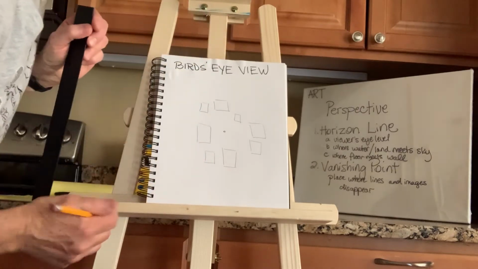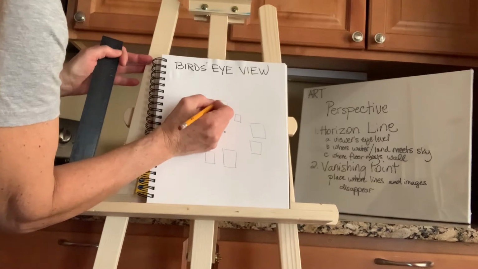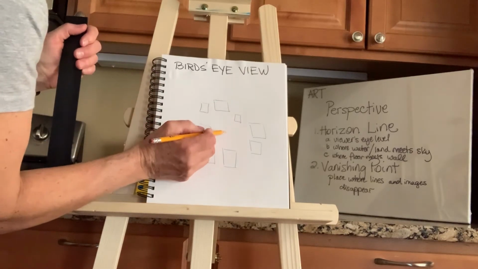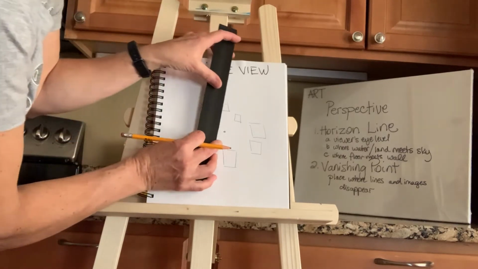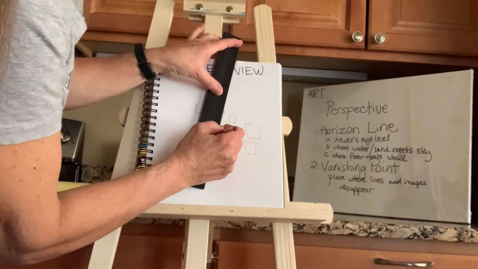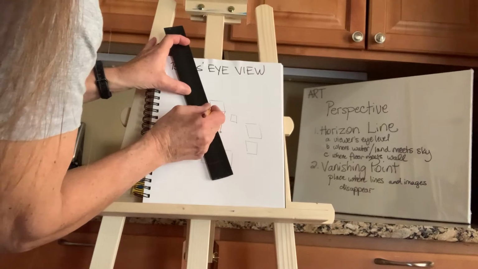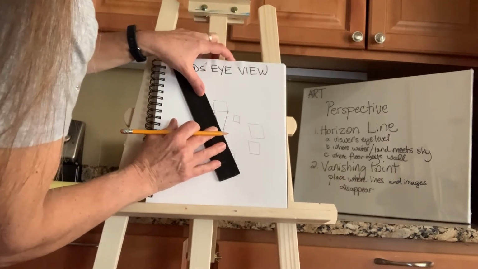Okay. What we're going to do is connect the corners of each of those squares to the center dot. It's going to take a few minutes, but let's quickly go over it. So we're going to just start right here. With your pencil, connect the corner of your square to the central dot, okay?